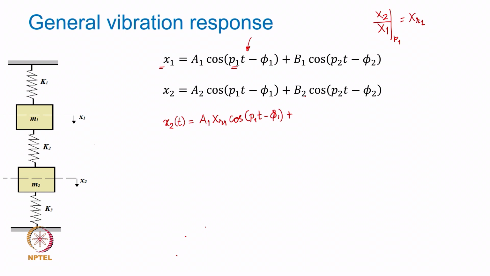plus, on the same lines, x2 over x1 vibrating in the second mode, or at the second natural frequency, is xr2, the amplitude ratio. So, I can write B2 as B1 times xr2 cos (P2 t minus phi 2).